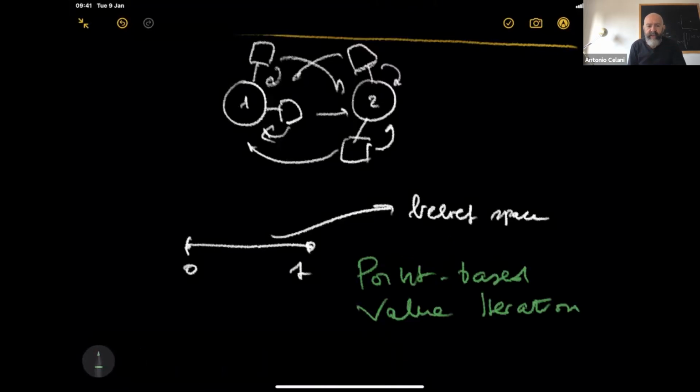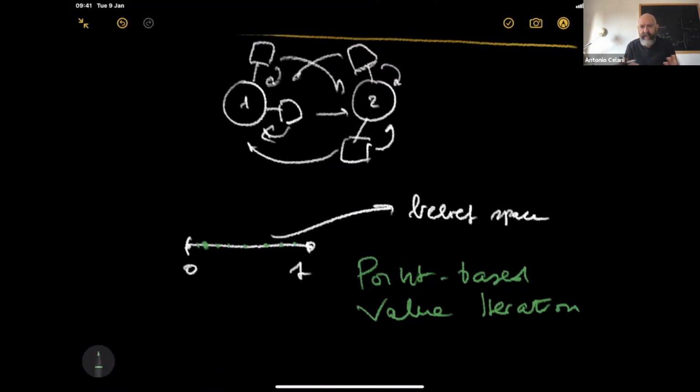The idea is very simple: rather than working with the full segment, we choose a certain set of points here, and we try to solve our Bellman's equation basically only on this set of points. That's the underlying basic idea.